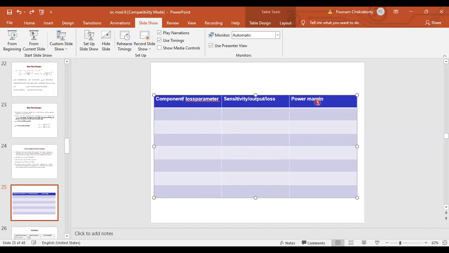Once you finish writing this, just tell me. Finished? Finished writing the parameters in the table?